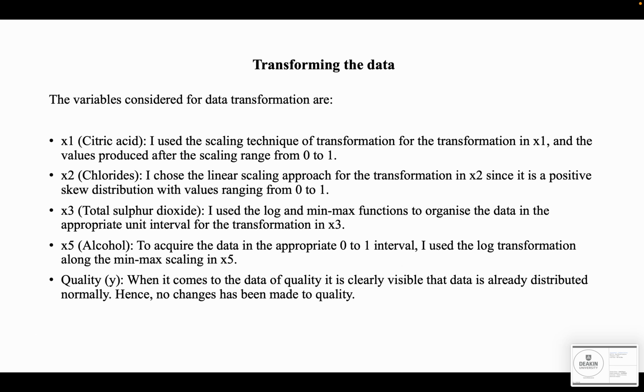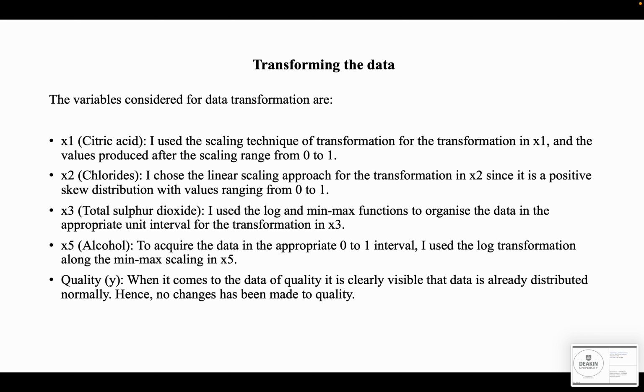Talking about the transformations that have been applied: for x1, which is citric acid, I have used a scaling technique, and the values produced after scaling range between 0 and 1. In chlorides, I've used a linear scaling approach, as it is a positively skewed distribution, and the values range between 0 and 1.